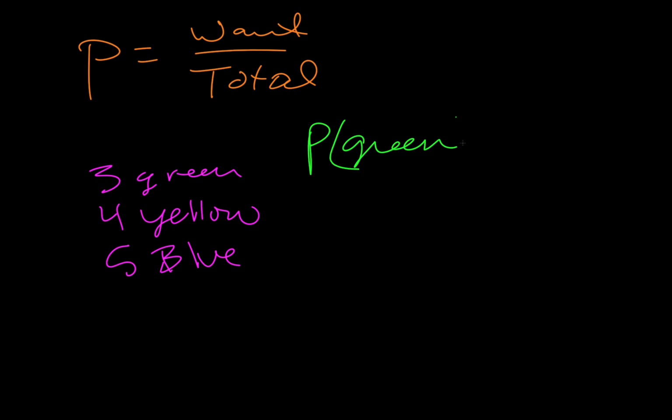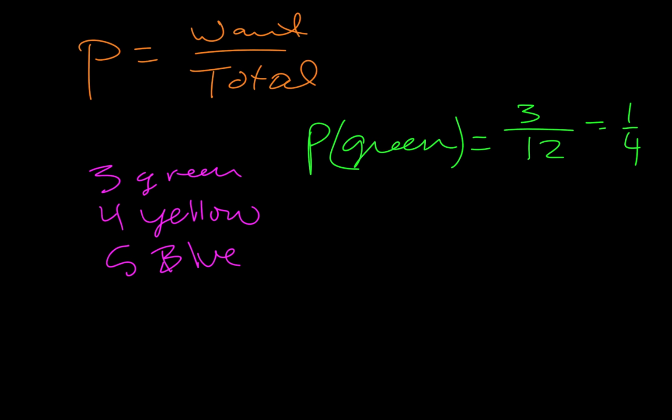So probability of green, once again, there's 3 of the thing we want, and we divide it by the total, so 5, 6, 7, 8, 9, 10, 11, 12. So 3 over 12, which becomes 1/4.